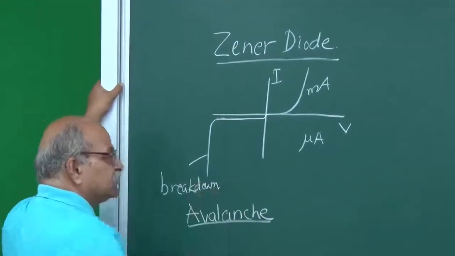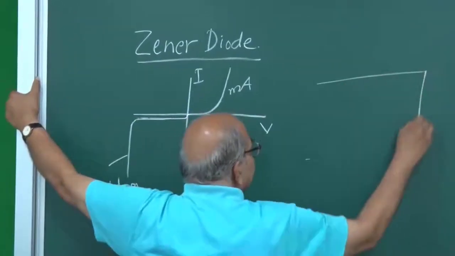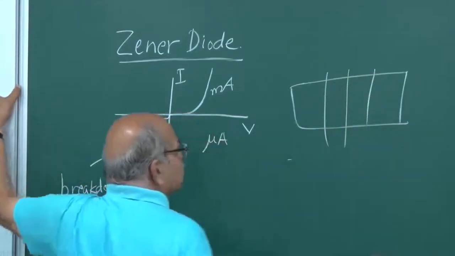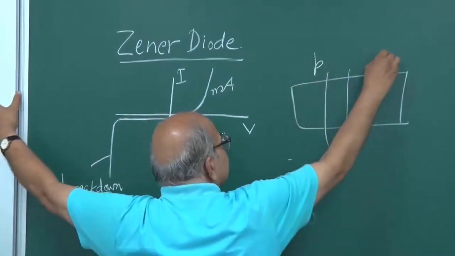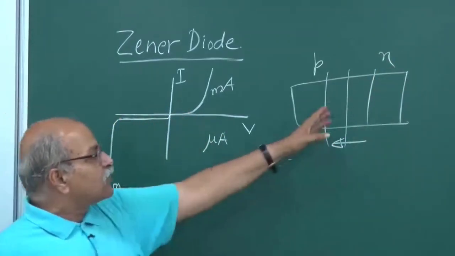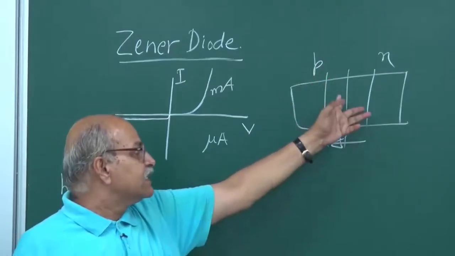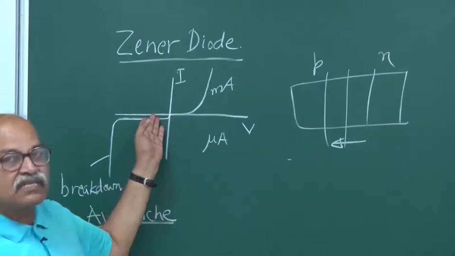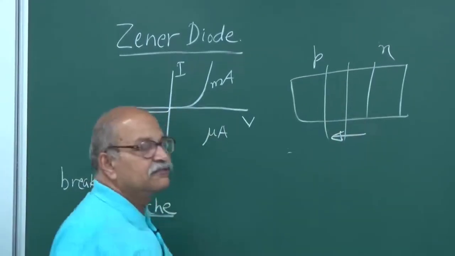The reason is that if you have a PN junction and the depletion region is there, the electric field is there, this is the P side, this is the N side, the electric field is this way. Any hole-electron pair which is here, or the minority carriers which are giving rise to this reverse current, are accelerated by this field.